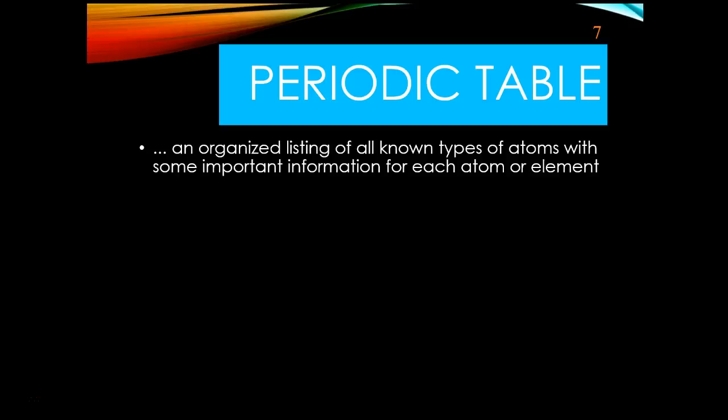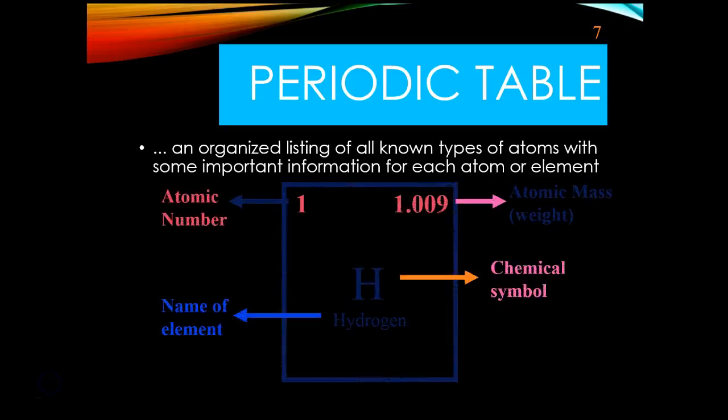They'll tell you the atomic number. Some will have only the symbol. Some will have the symbol as well as the name. Some will give you, for example, electronegativity values.